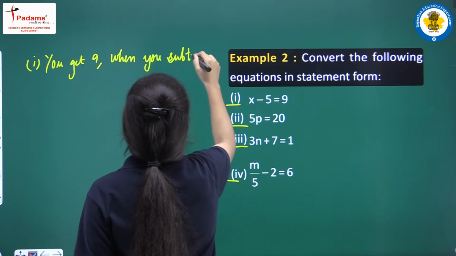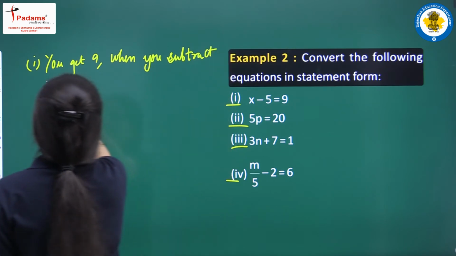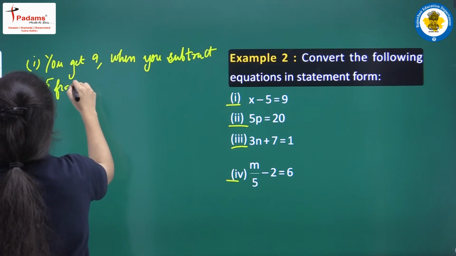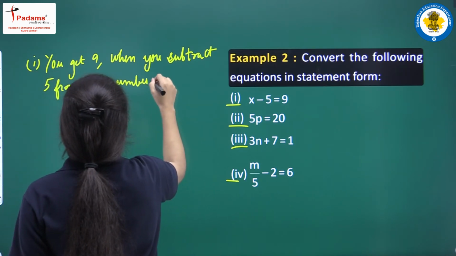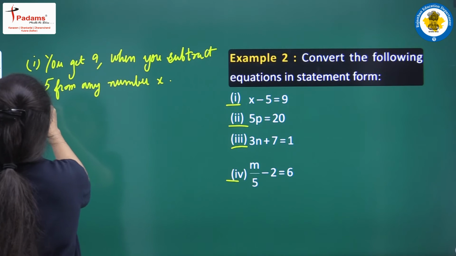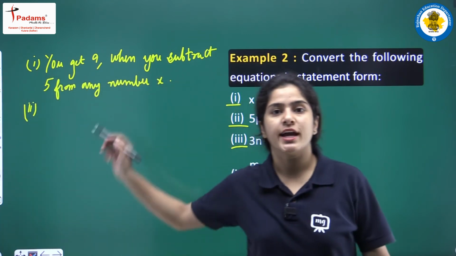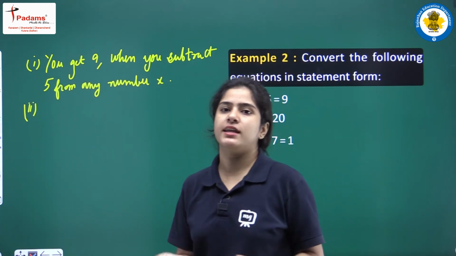You get 9 when you subtract 5 from any number x. So this is your first statement.